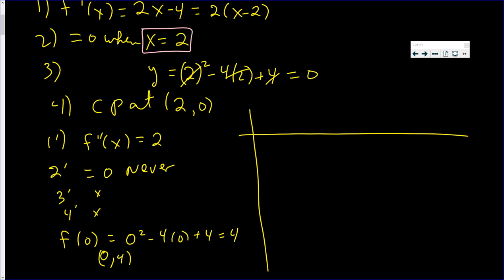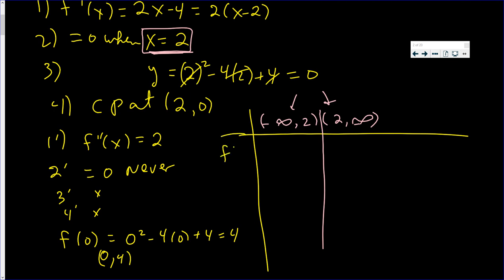And if there were more, you put them in increasing order. So we're going to go from negative infinity up to 2, and then from 2 to infinity. The only number that isn't in one of those intervals is 2. And if there were other critical points, it wouldn't include those values as well.